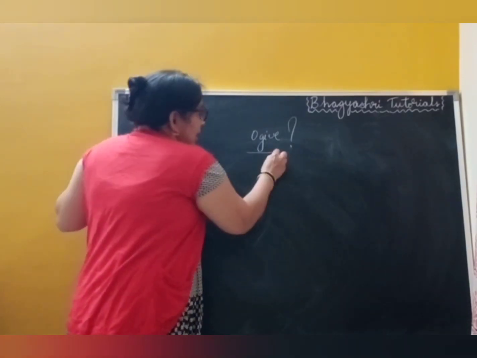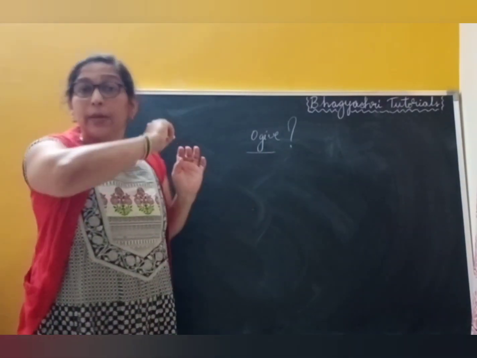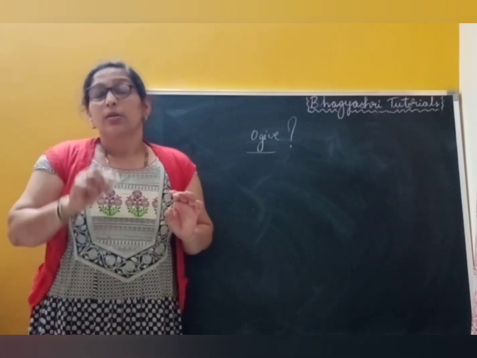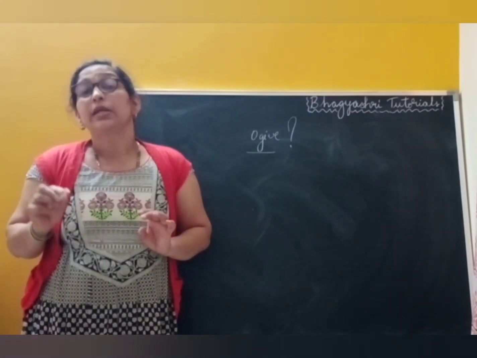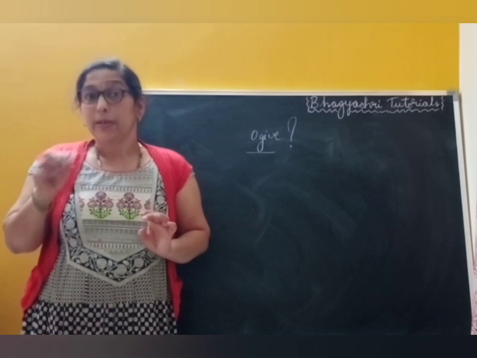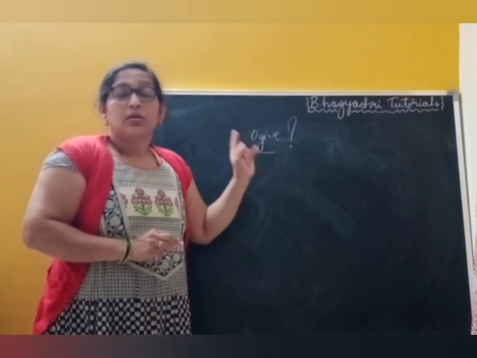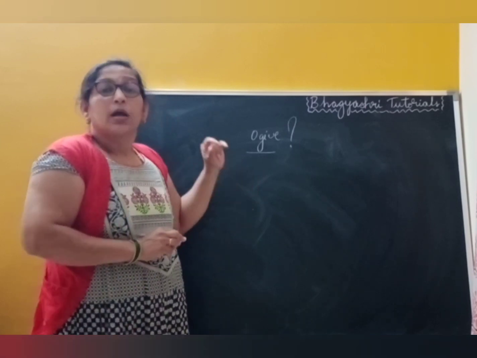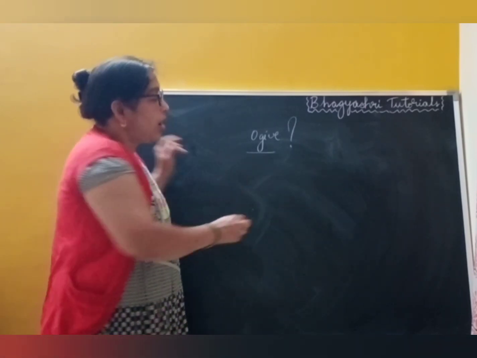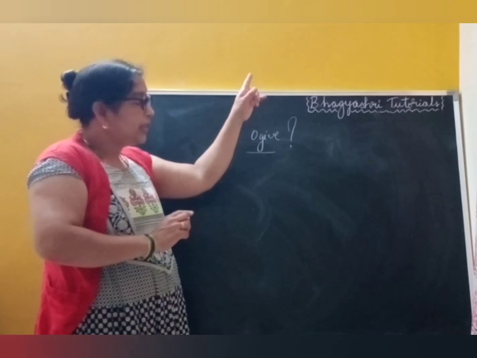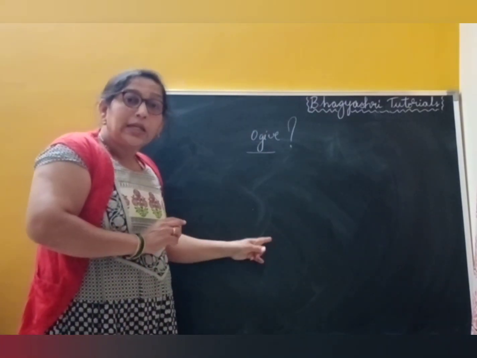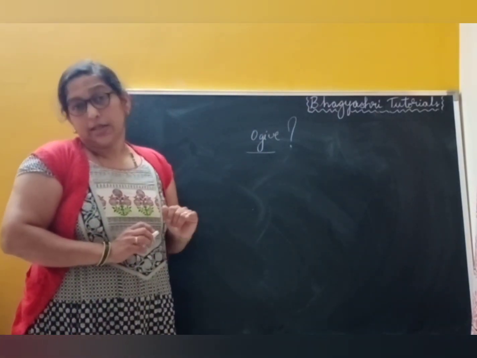An ogive is the representation of the cumulative frequency distribution. I mean, while drawing the graph, here you will be writing class limits on the x-axis and cumulative frequency on the y-axis.